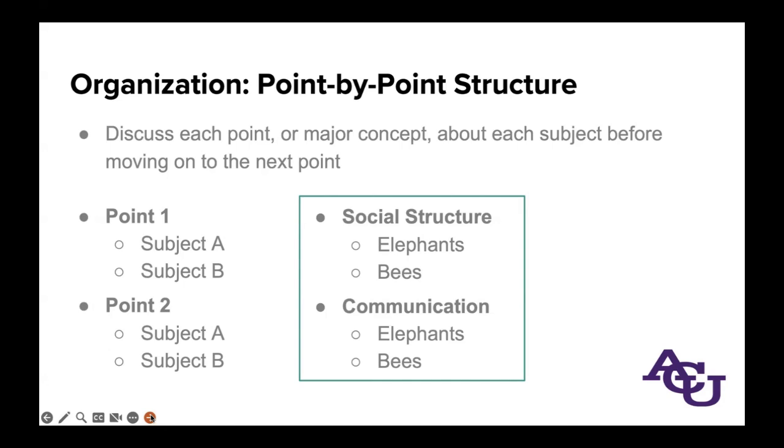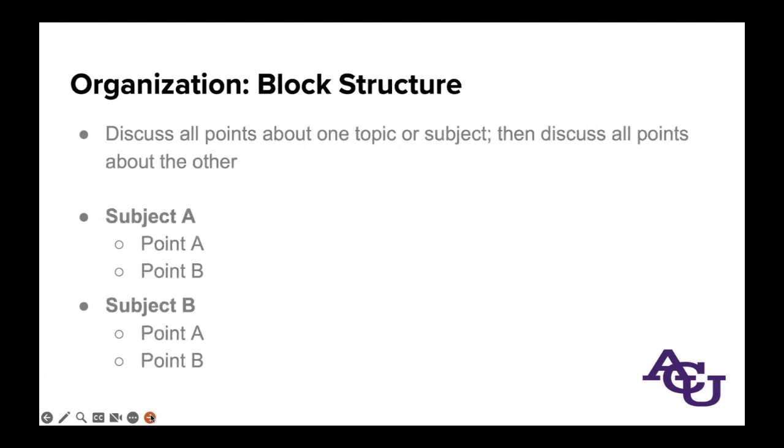And then I would move on to point 2, communication, 3 things about the communication of elephants, 3 things about the communication of bees. You could just look right across social structure, point by point, elephants, point by point, bees, then communication, point by point, elephants, then point by point, bees. Okay, that's with the point by point structure.